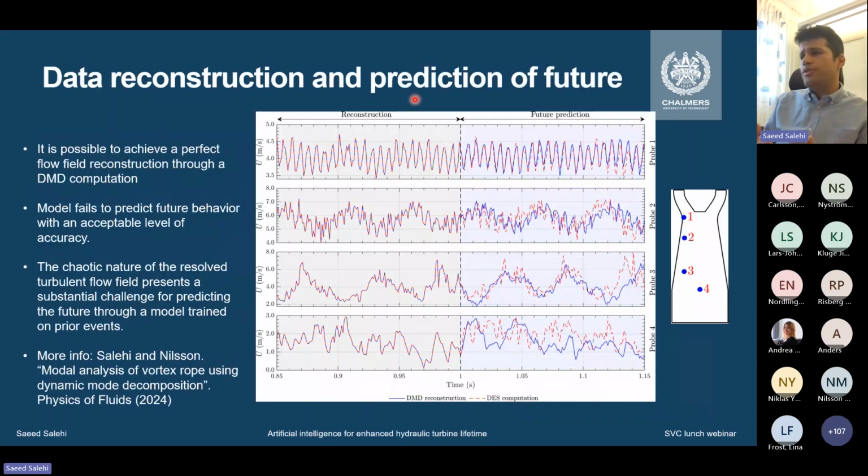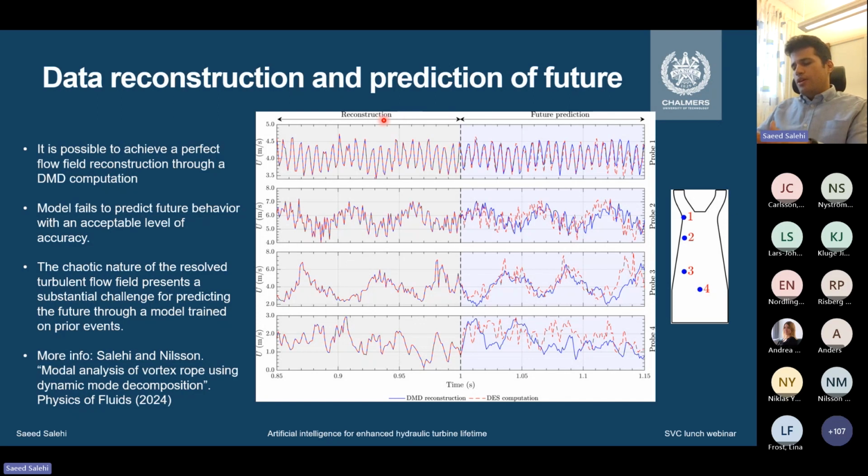And then we wanted to see if we can reconstruct the flow field through the data that we have, or if we can predict the future. So when we perform the DMD analysis, we have a trained model, and the model is trained based on the data that we see in the first half of this graph, in the reconstruction part.